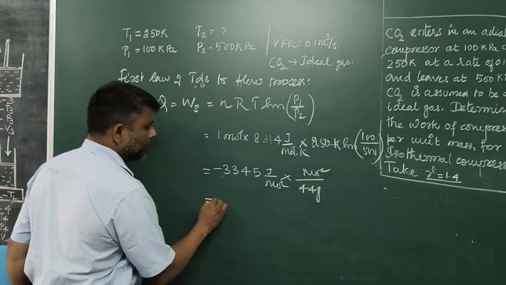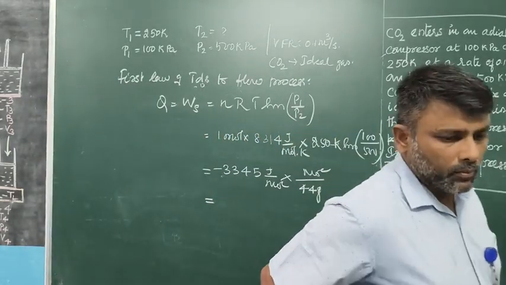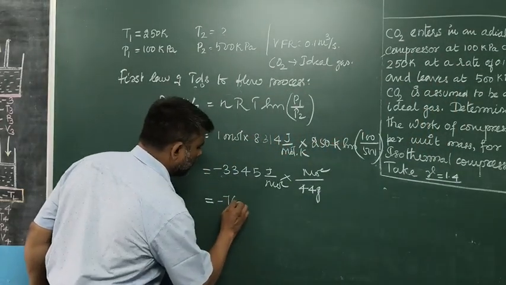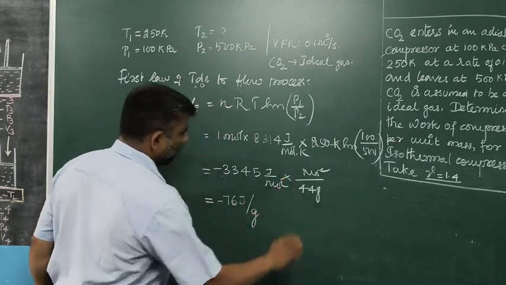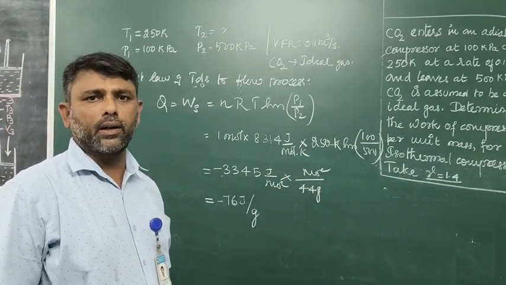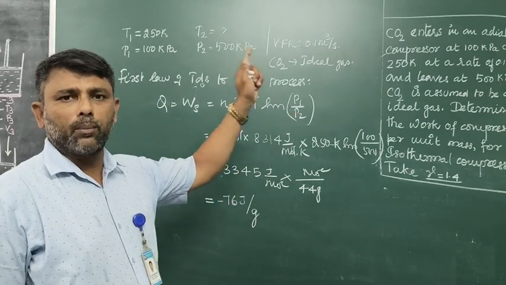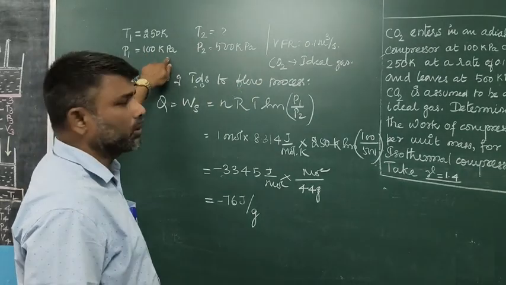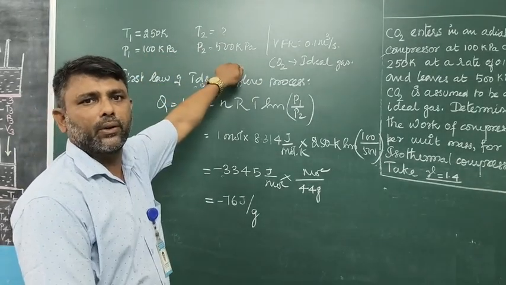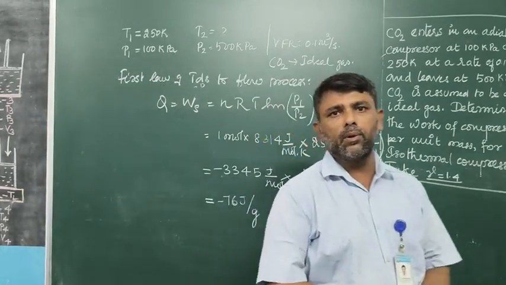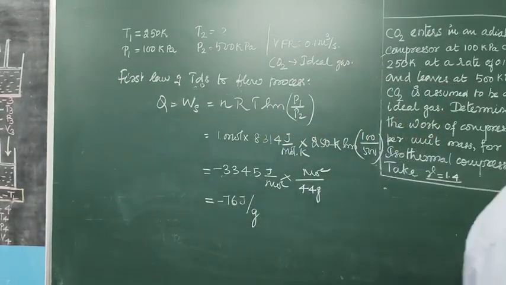The answer is equal to minus 76 joules per gram. This much joules of energy or work is required for the compressor to compress carbon dioxide from a given pressure of 100 kilopascal to exit pressure of 500 kilopascal. This is a simple method to find the reversible isothermal compression process. Thank you.